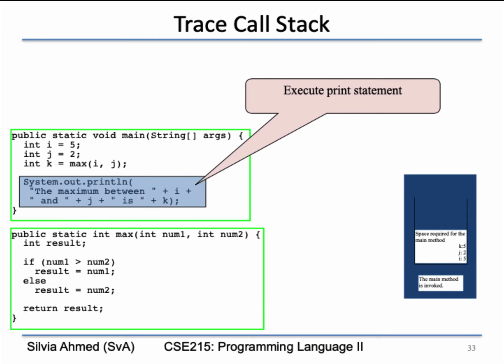So here the next item in the stack is the main method itself. So we come back here and we put the value 5 into the space k, and after we are done, this space will again be marked as empty. So this is the call stack, or program stack.